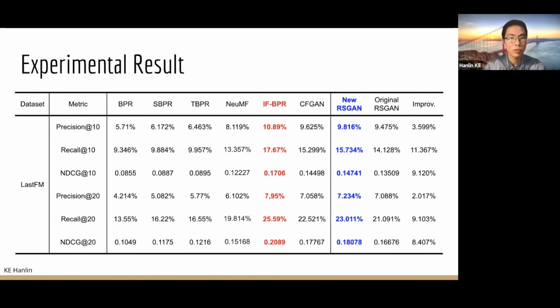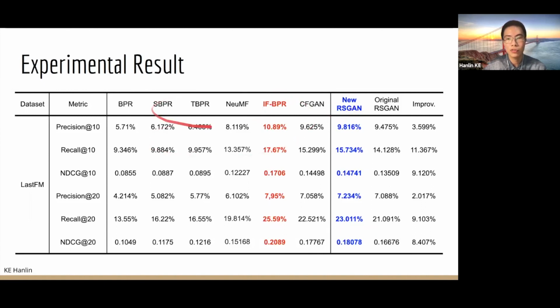We ran the code with the settings mentioned in the original paper, and we got the results as follows. We compare the RSGAN model with BPR, SBPR, TBPR, NuMF, IFBPR, and CFGAN. Note that IFBPR is also proposed by the same author of RSGAN.